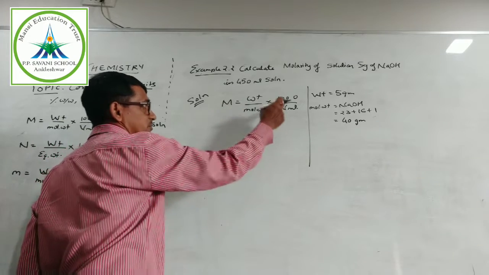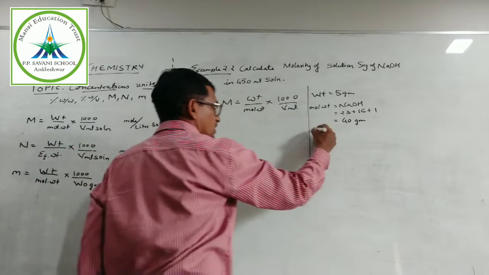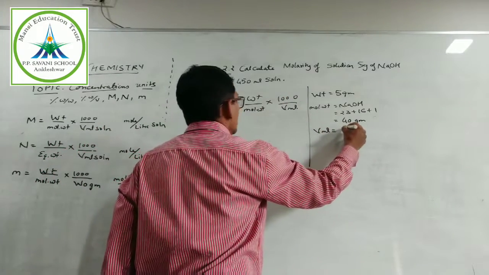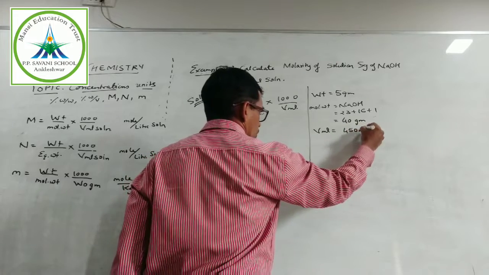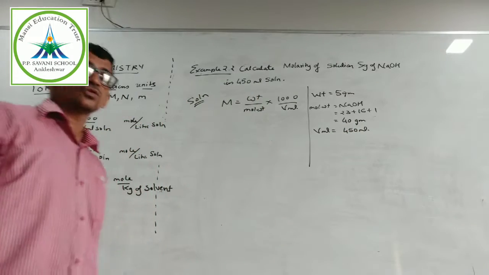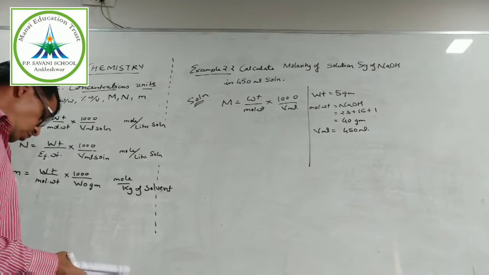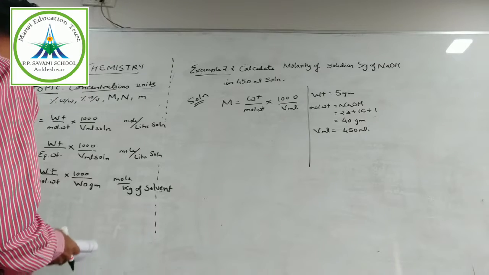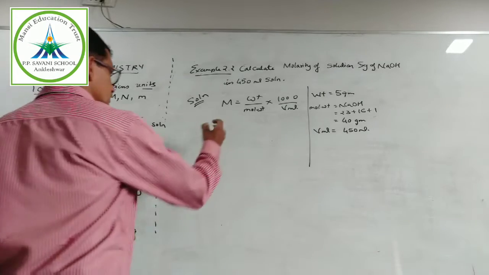Weight is 5 gram. 1000 upon VmL. VmL is given, VmL is 450 ml, the volume of solution. So from that we can find the molarity. Put the values.